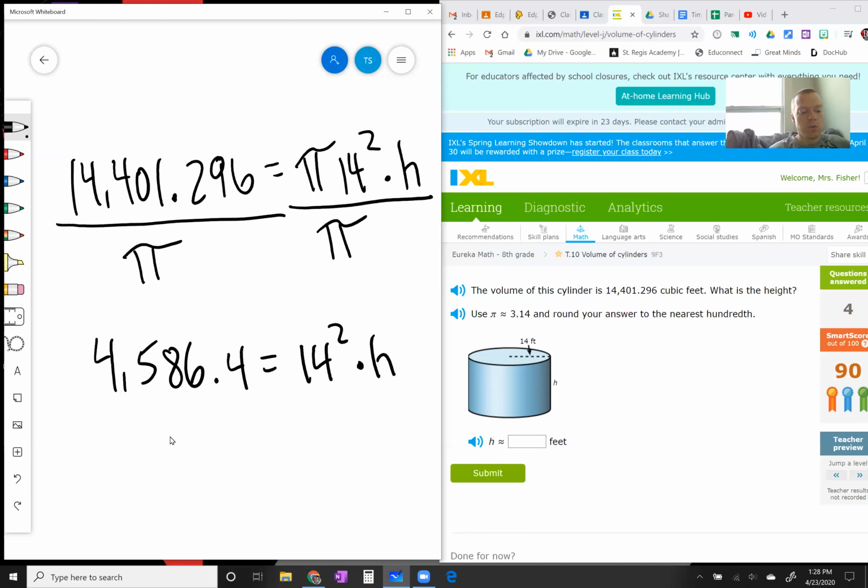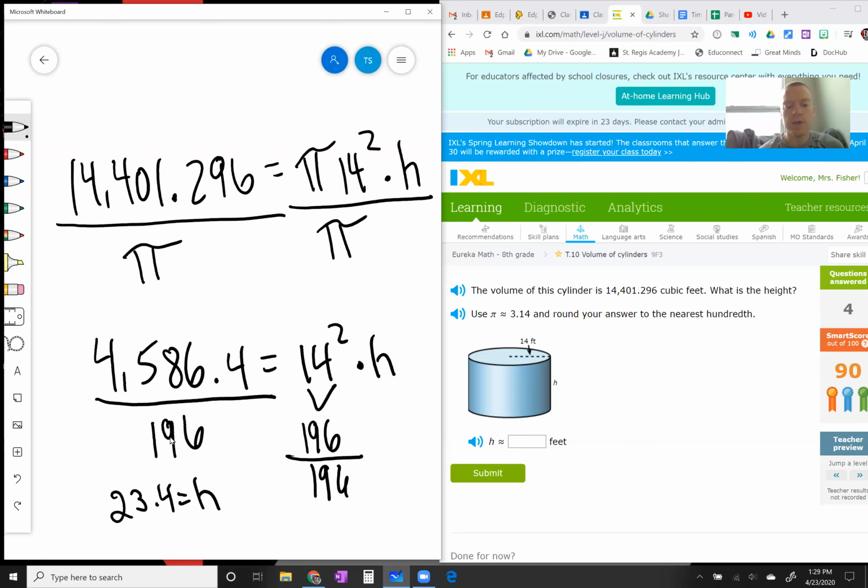Well, 14 times 14 is 196, so this equals 196 times h. You need to divide each side now by 196. So 4,586.4 divided by 196, I get 23.4, and that is going to be my height because there's nothing left on the side of the equation. So 23.4 is your height.